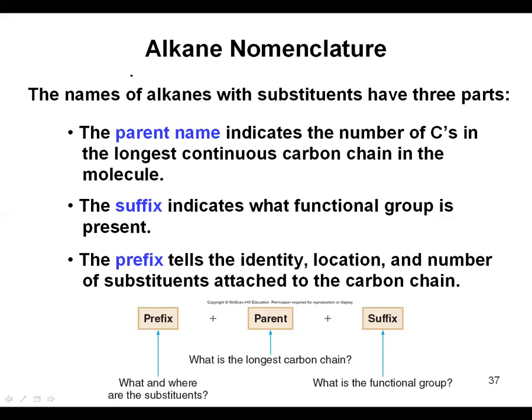So really, there's a couple different steps when you go about naming an alkane, for example. And really, naming an alkane or anything else, the first really big thing that you need to figure out is the longest carbon chain that we've been talking about a little bit. And when you do count the longest continuous carbon chain, it doesn't necessarily always have to be the straightest.